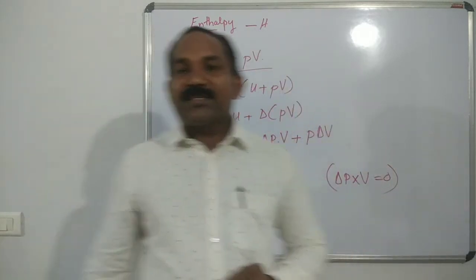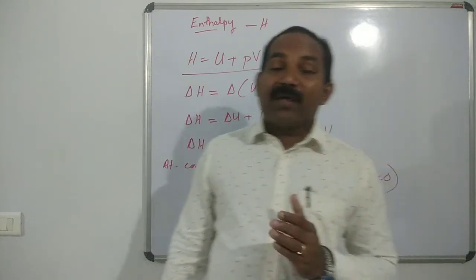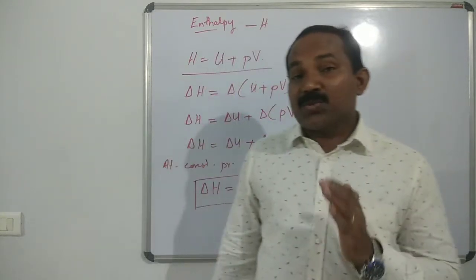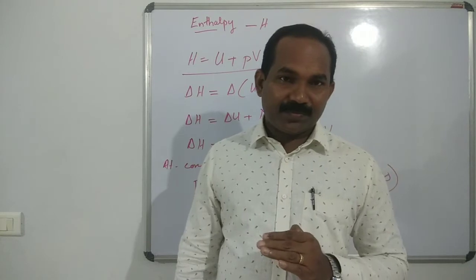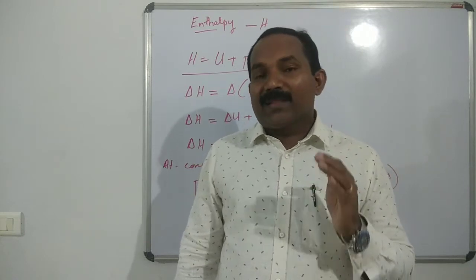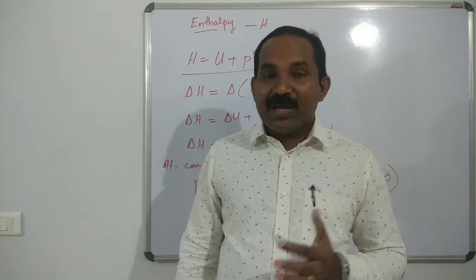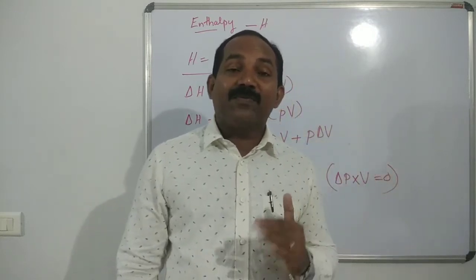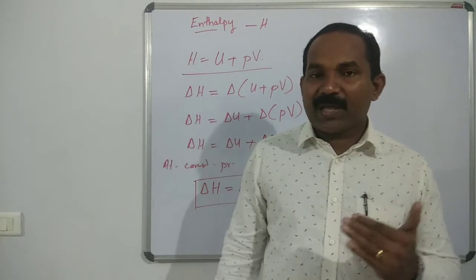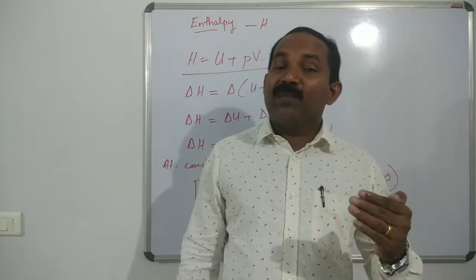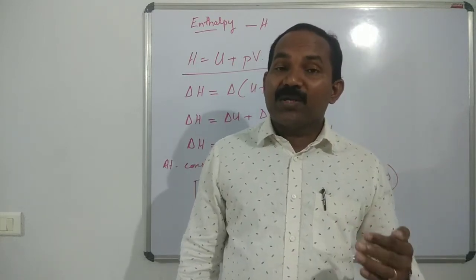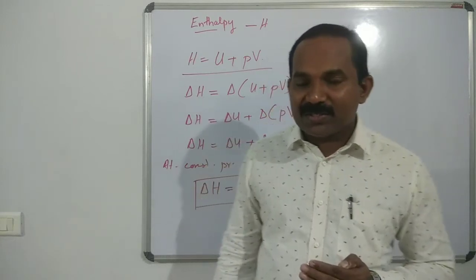The next is enthalpy for exothermic and endothermic processes. Enthalpy is positive for endothermic reaction. Enthalpy is negative for exothermic reaction. Once again, the changes of enthalpy in the exothermic as well as endothermic reaction.